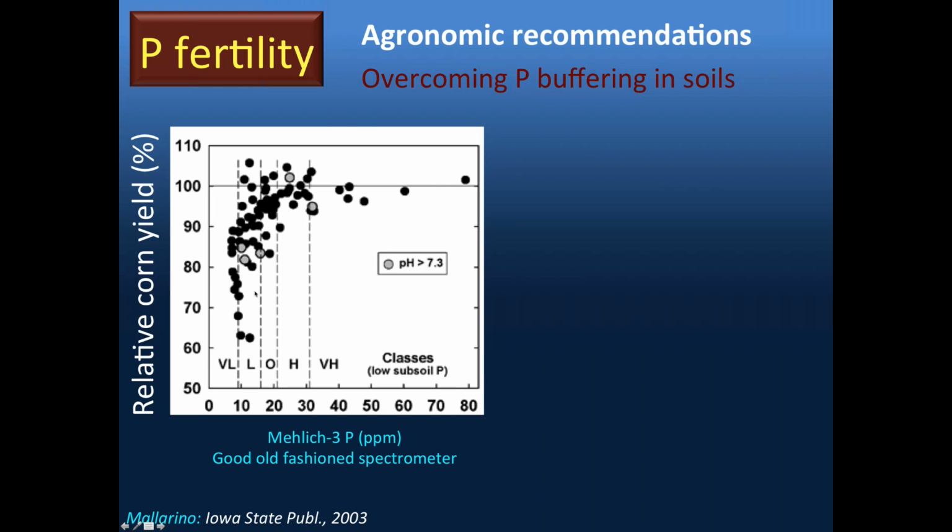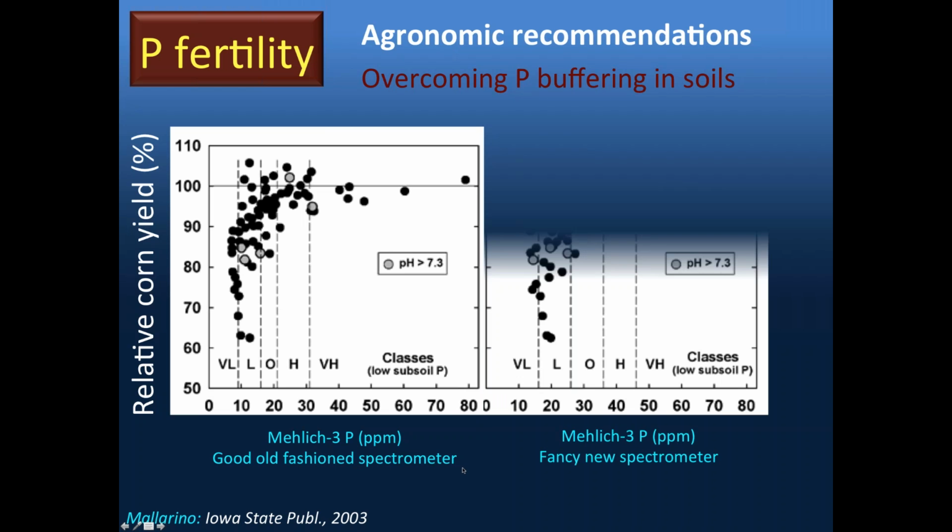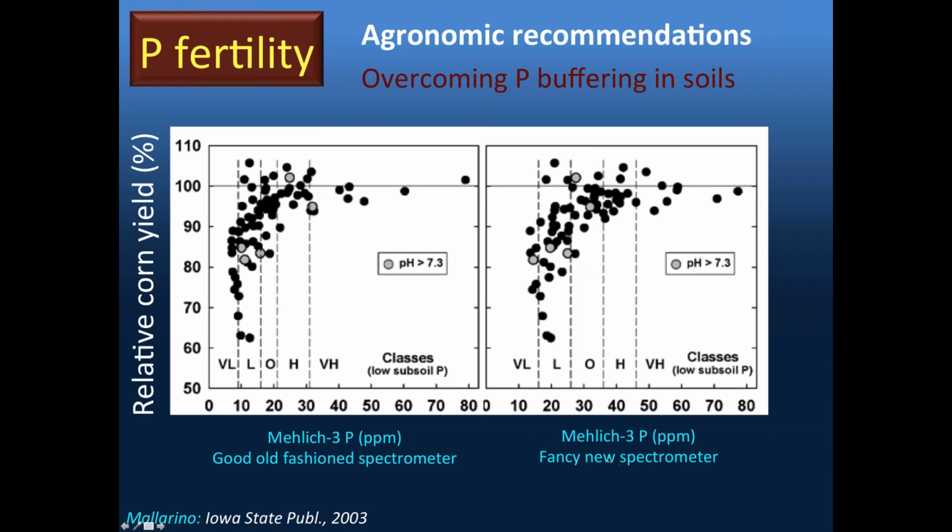There's a lot of noise in there for making those types of distinctions, and that's important to keep in mind. This was actually done two different ways in the same study. Here's one method for measuring the phosphorus extracted by the soil test, and here's another one, using a spectrophotometer called an ICP. In this one it's much more efficient at measuring the phosphorus in the test, and therefore the thresholds are higher than with the other one.